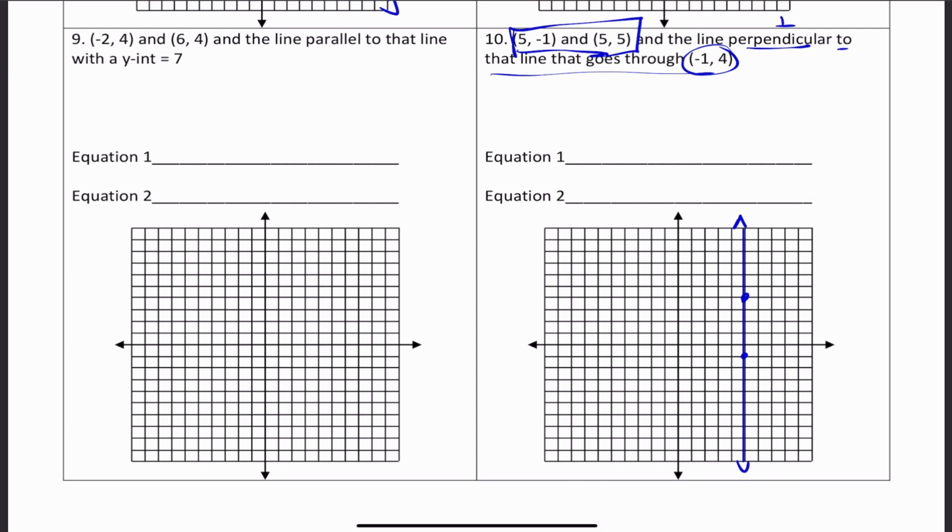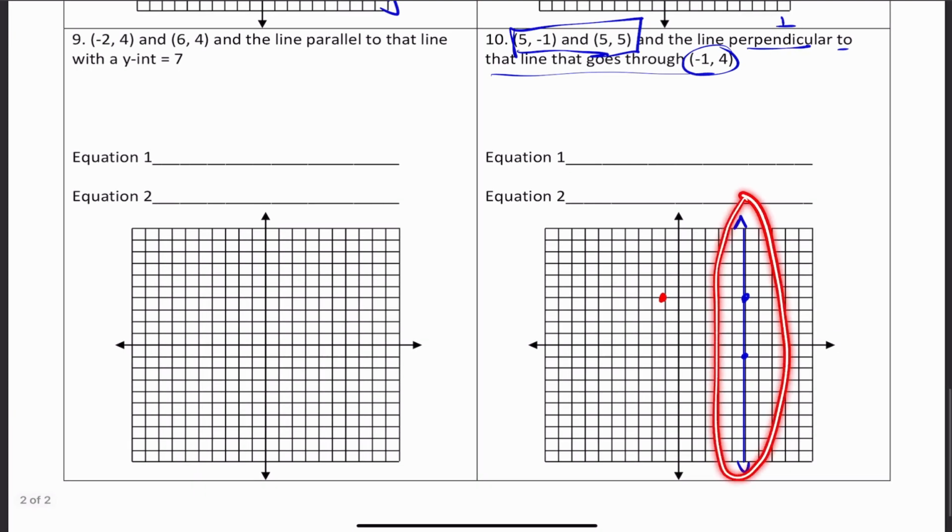Let me use a different color. Negative 1, 4 is right here. What we have to think here is this line has an undefined slope, which generally is a number in the numerator over 0.